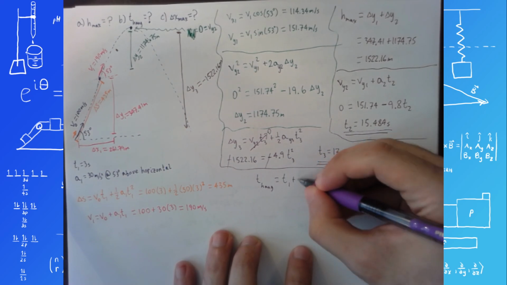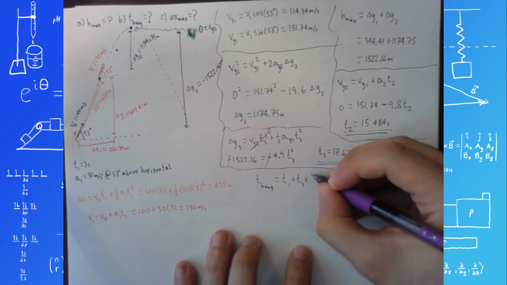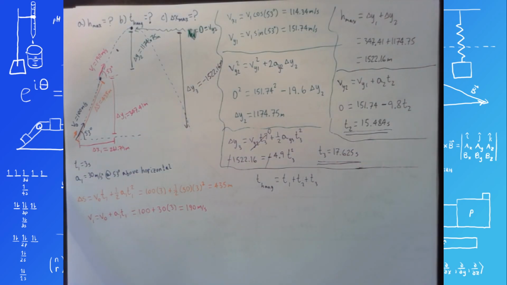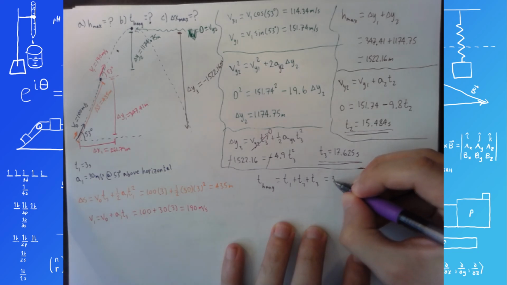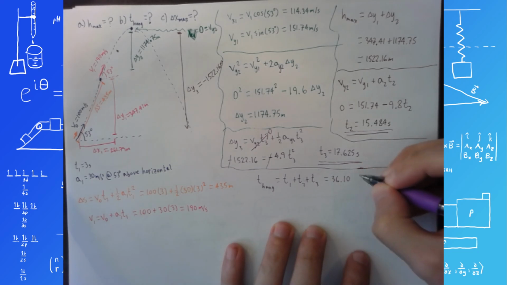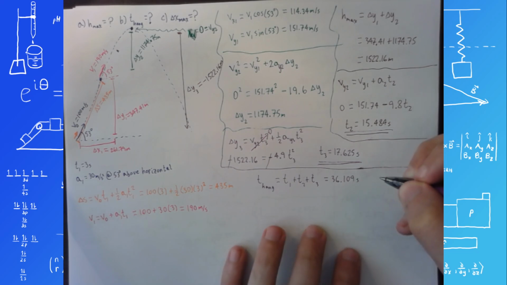Our total hang time is T1 plus T2 plus T3 equals 3 plus 15.484 plus 17.625 equals 36.109 seconds, give or take.